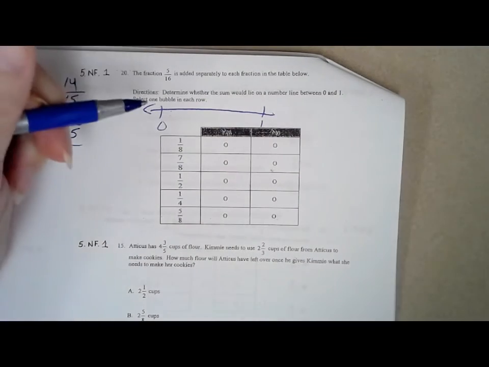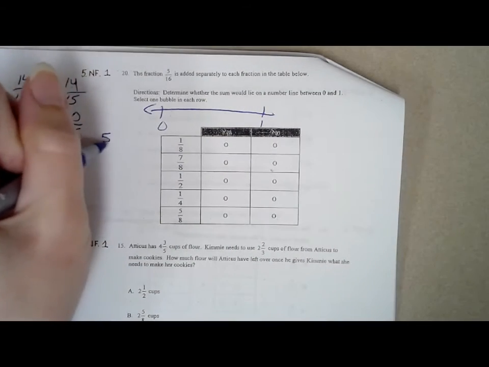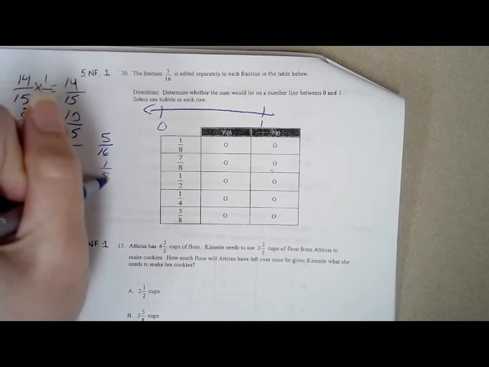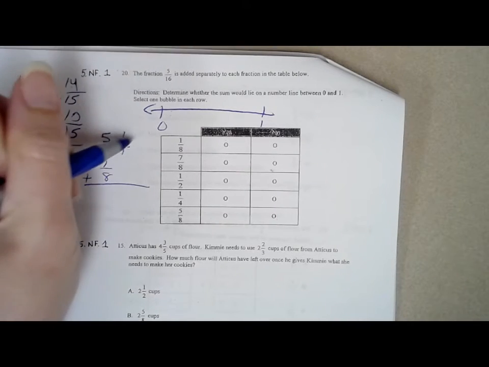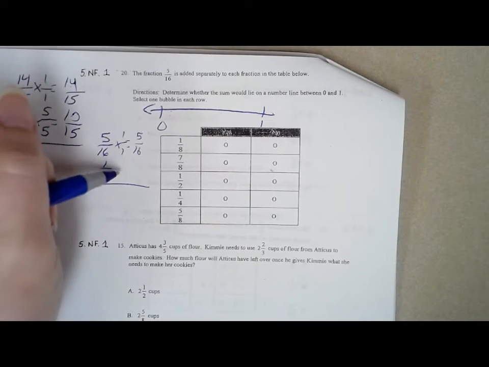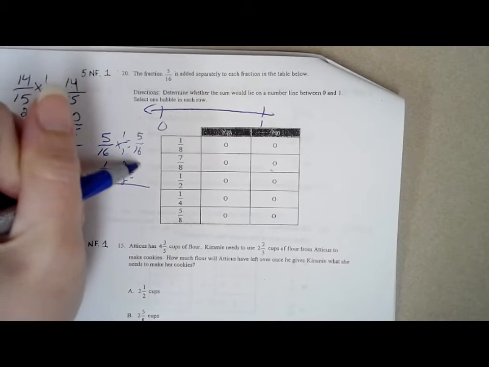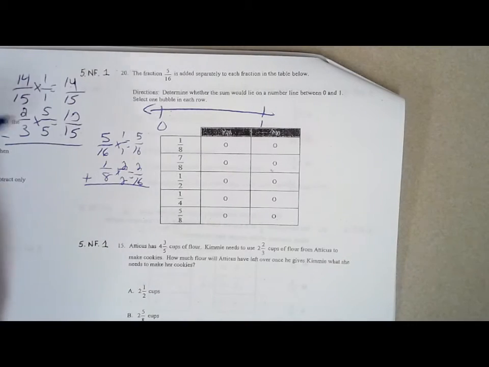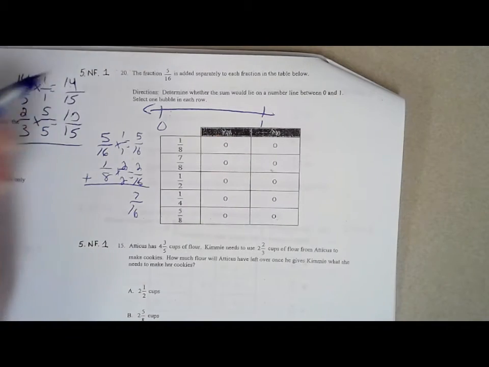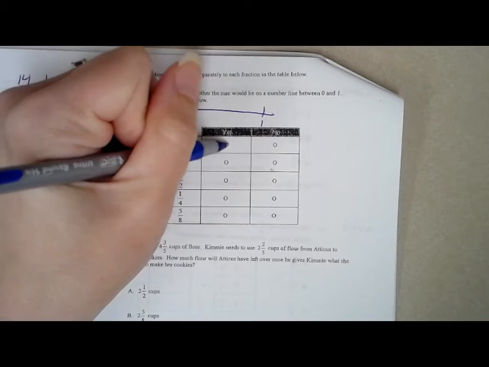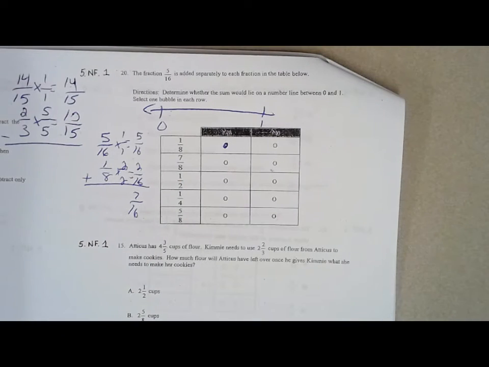So 5/16 plus 1/8. Our common denominator is going to be 16, so this stays the same. And this changes to 2/16. So that is 7/16. And 7/16 would come between 0 and 1 on a number line, so that's a yes.